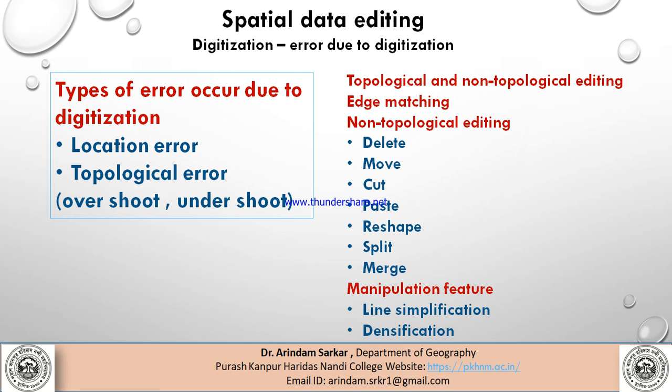Line densification is a process of adding new points to the selected line or lines in a map at a specified interval. The operation is relatively simple: starting at the starting point of a line, it adds a new point at every specified interval. Now the line smoothing. Line smoothing also adds new points to a line, but the locations of the new points are generated by mathematical functions.